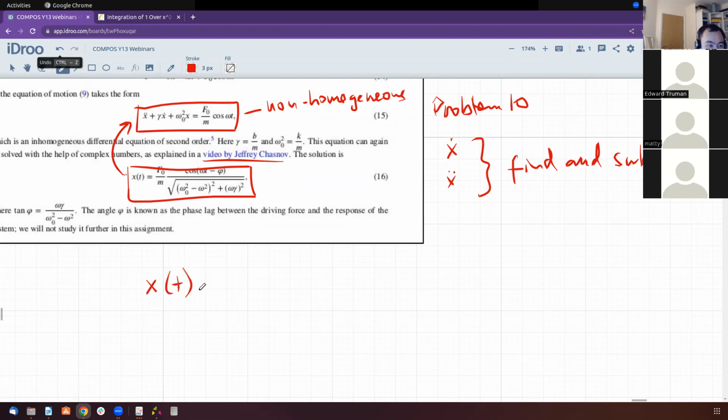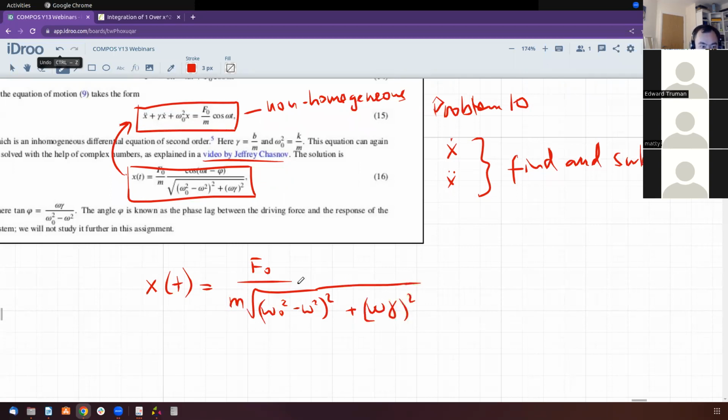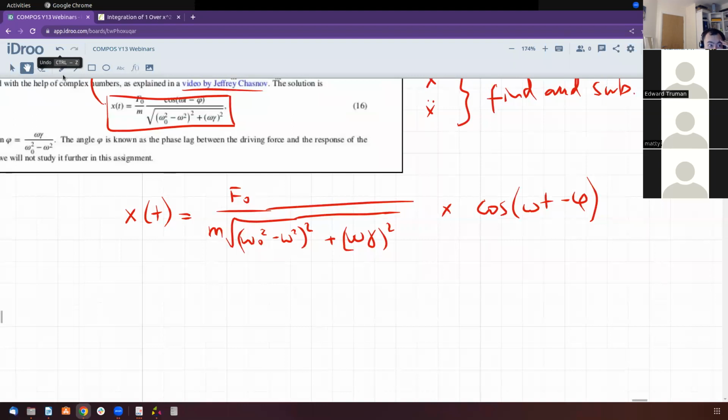So x of t is equal to F0 divided by m times the square root of omega 0 squared minus omega squared, all squared, plus omega gamma squared, multiplied by cos omega t minus phi. Doesn't it look familiar?